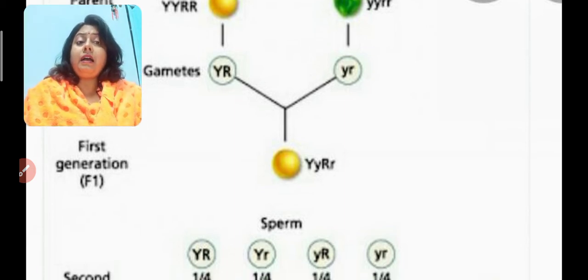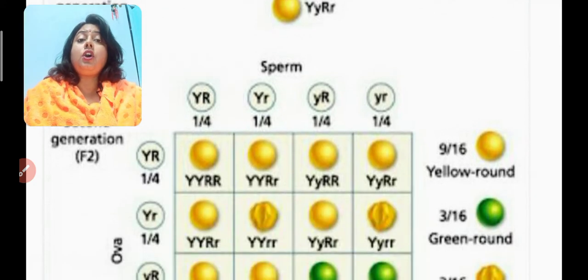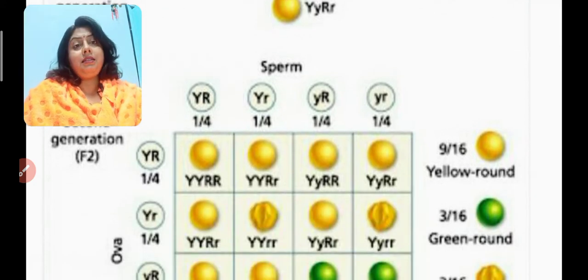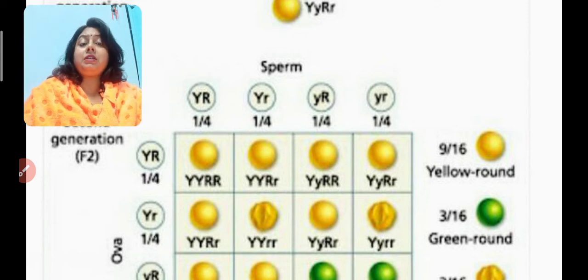We will have a variety of gametes in this case, because it will not be homogametic, it will be heterogametic, and 4 types of gametes would be formed with the combinations of capital Y capital R, capital Y small r, small y capital R, and small y small r.